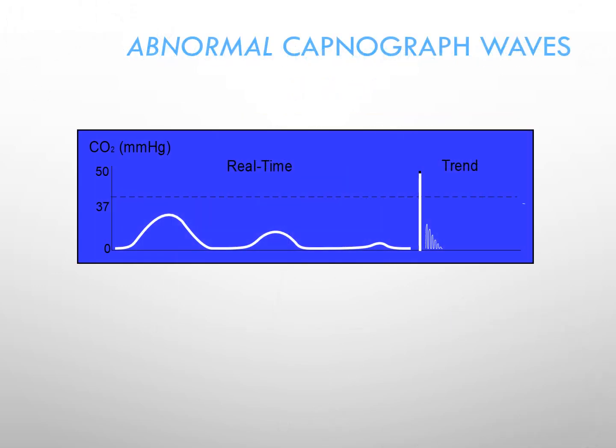So this slide is showing you have a reading in that first breath of probably around 25 or 30, something along those lines. The next breath it's less, and the next breath is even less. What probably happened here, though we don't know for certain because we don't have enough information, is that if we knew this patient was being intubated and that this tracing was monitored during the intubation, it would be suggestive that the tube did not end up in the proper place.